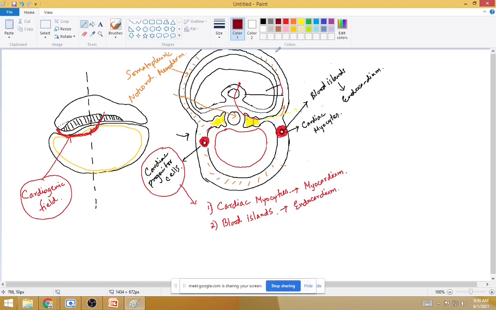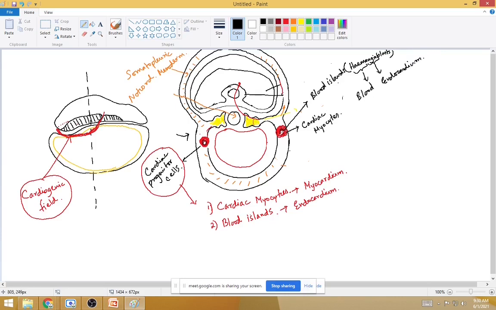The blood islands are formed by hemangioblasts. There are two things, heme and angioblast. The heme part will form the blood inside. The angioblast will form the vessels or the endocardium, and over it are the cardiac myocytes, which will form the myocardium.